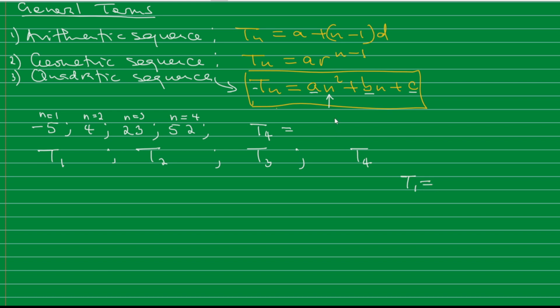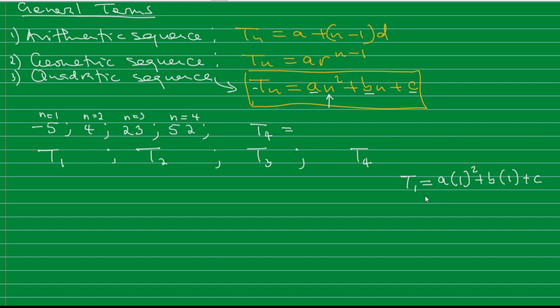T1 will be equal to a times 1 squared, because our position is 1, plus b times 1 plus c.